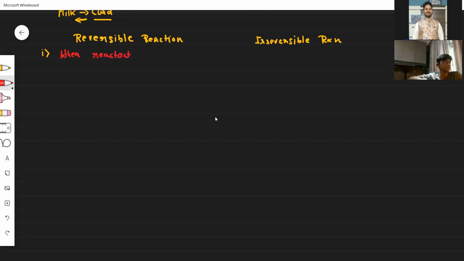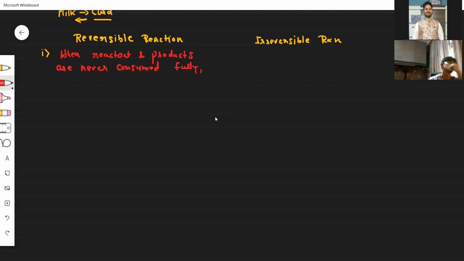The thing which is getting converted into product. When reactants and products are never consumed fully, because they are interchanging.